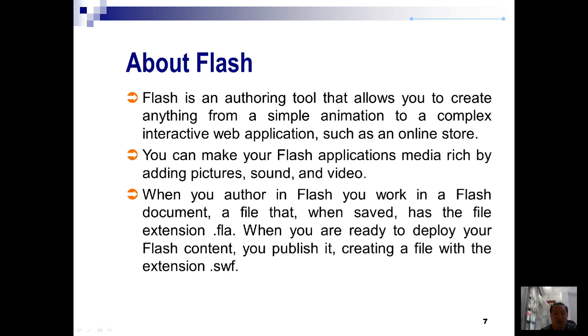So when we make an Adobe Animate application, which is we add pictures and sounds and video at the same time. When we author the Adobe Animate, we work in a Flash document or Canvas document, which is a file that when saved, it has a file extension of that FLA. So when you are ready to deploy your Flash content and publish it, we are creating a file with the extension of that SWF.